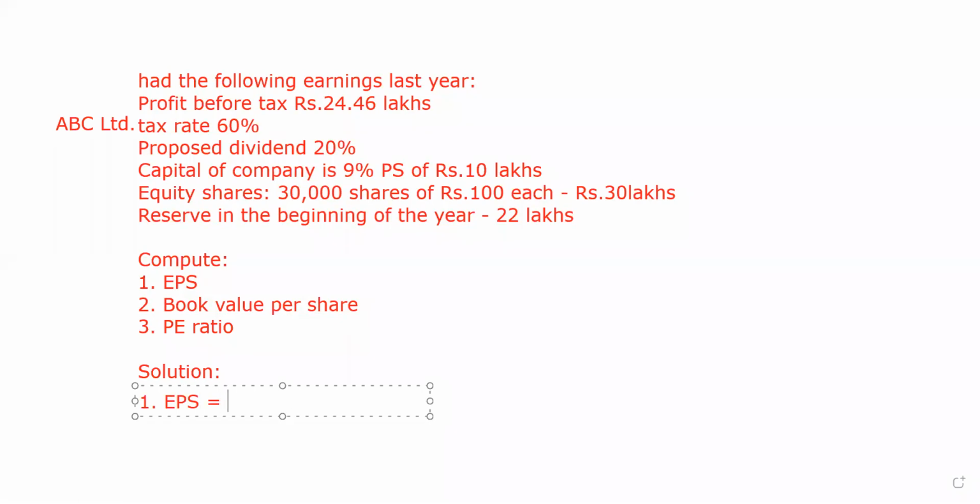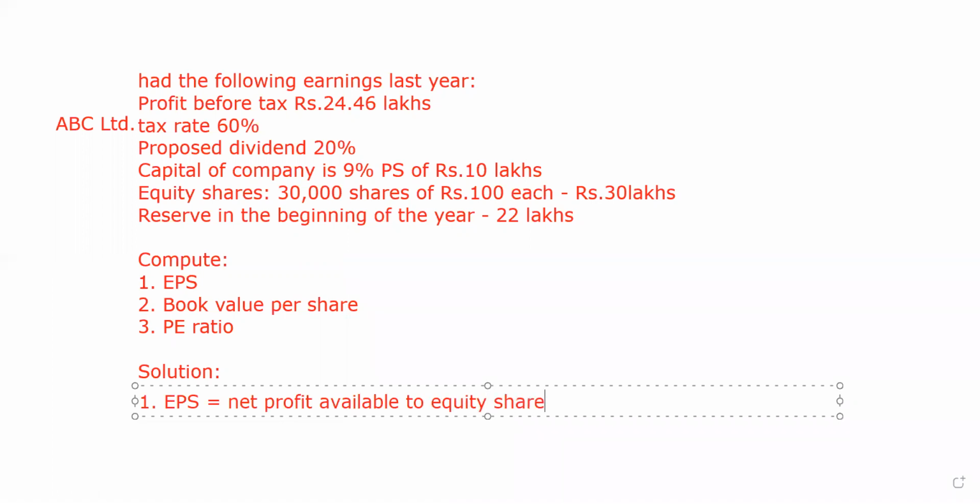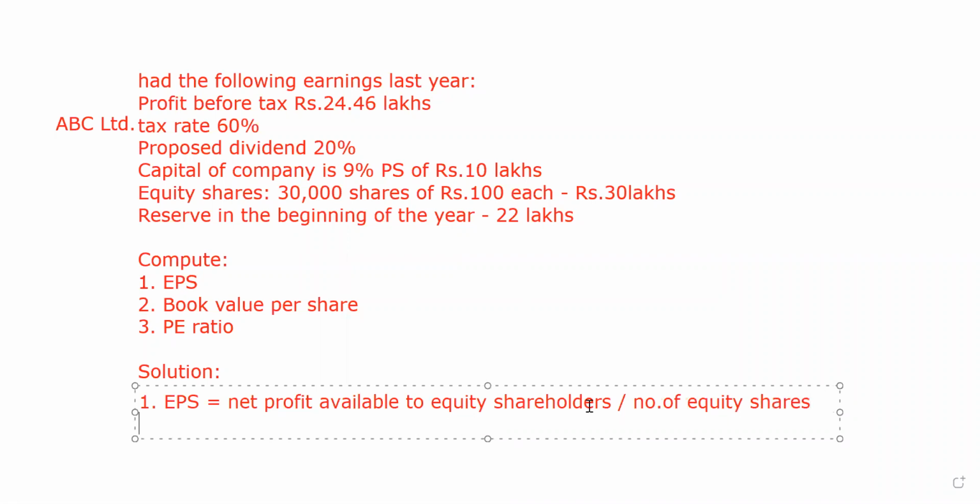Okay, so first one, EPS. You remember what is the formula for EPS? Net profit available to equity shareholders divided by number of equity shares. Okay, tell me, is net profit available to equity shareholders given in the question?